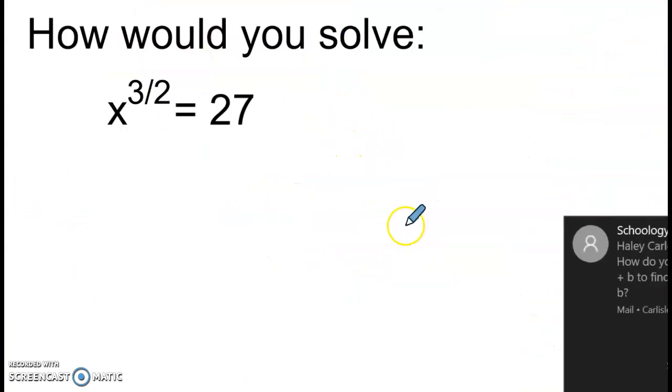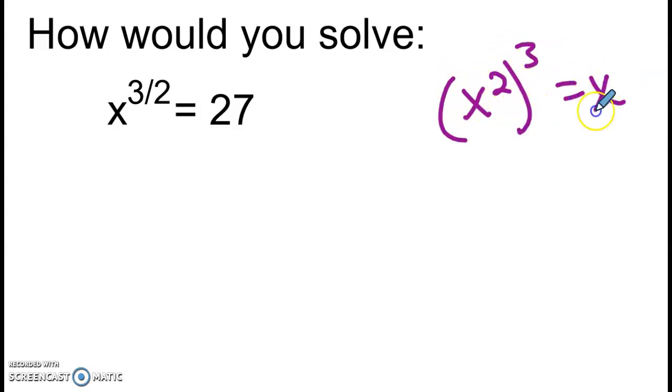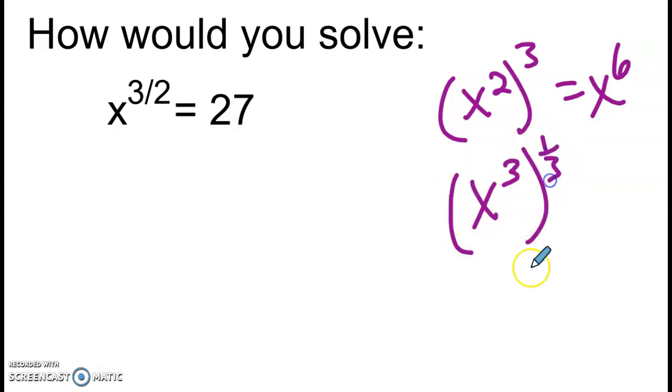So now we're going to be asked to solve equations that have rational exponents. And what I want you to remember is, if you have a power raised to a power, you multiply those exponents, right? So if I have x cubed and I want to get rid of the cube, I'm going to raise it to the reciprocal, 1/3, because then I'm going to take 3 times 1/3, which is 1.